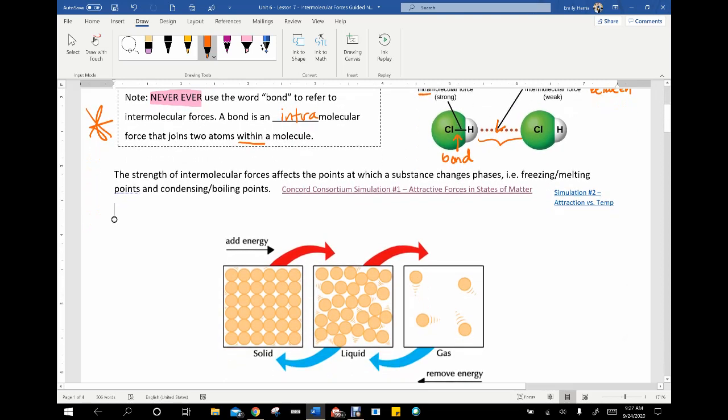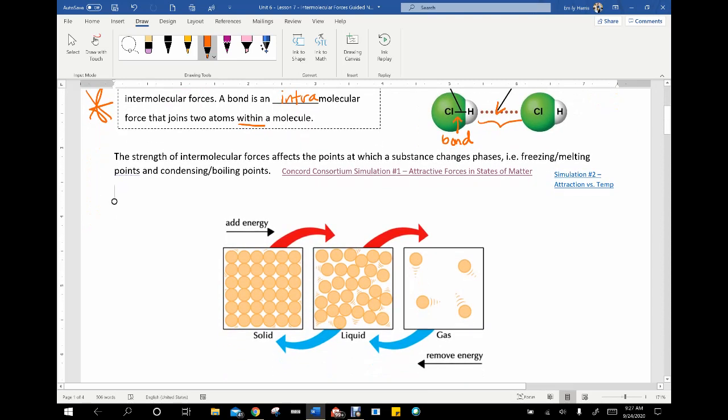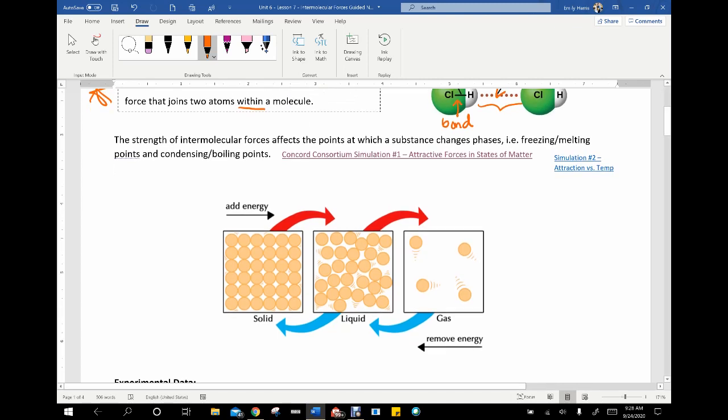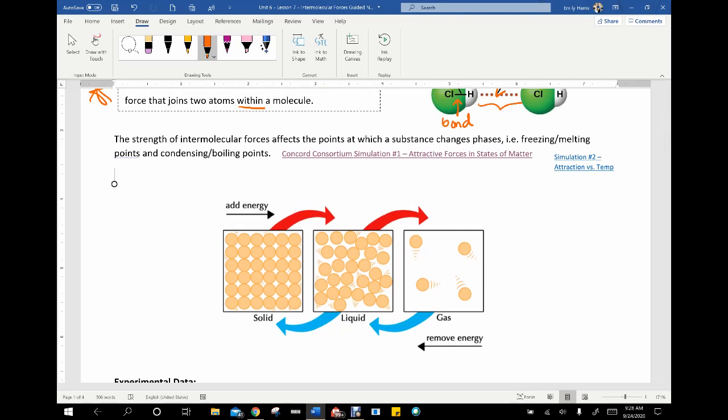All right. So what we're going to find out is that the strength of attractions between molecules affects a lot of the way that those molecules behave. One of those ways is in how they change phases from solids to liquids to gases.